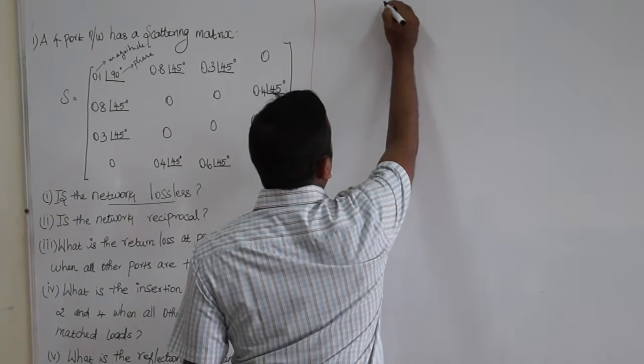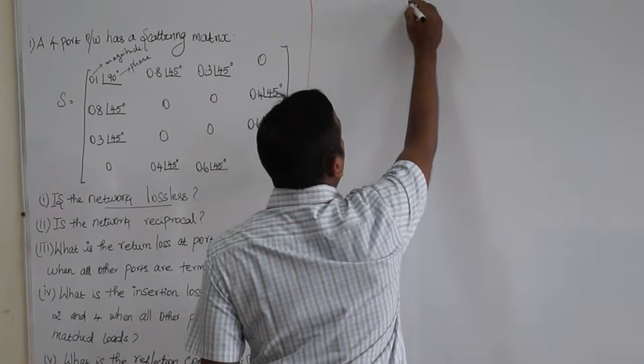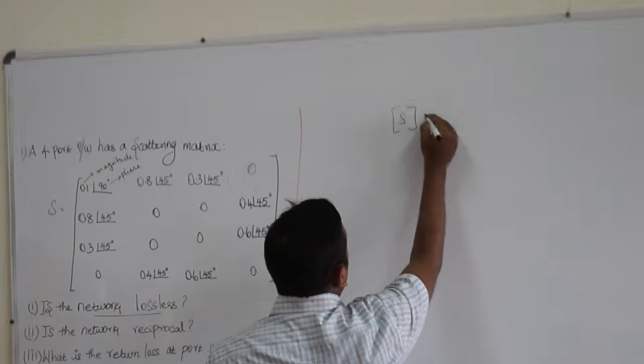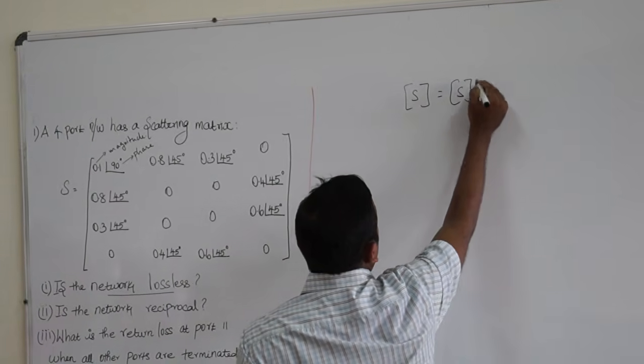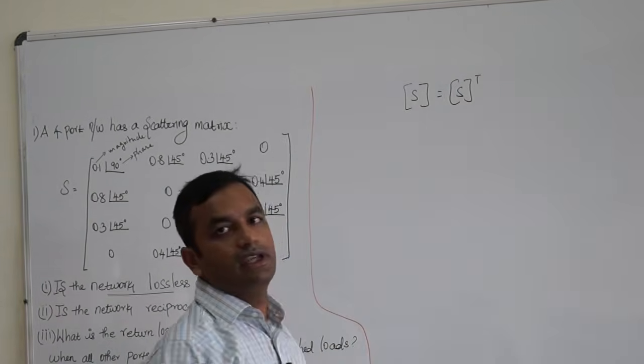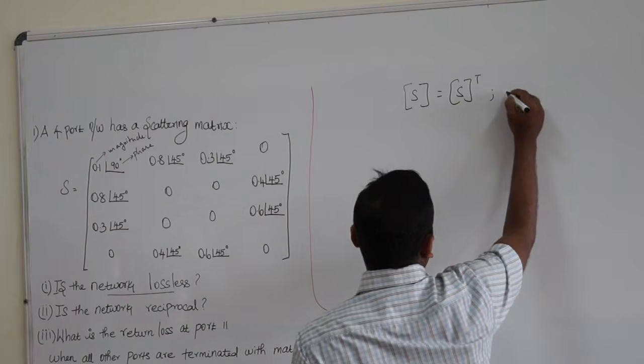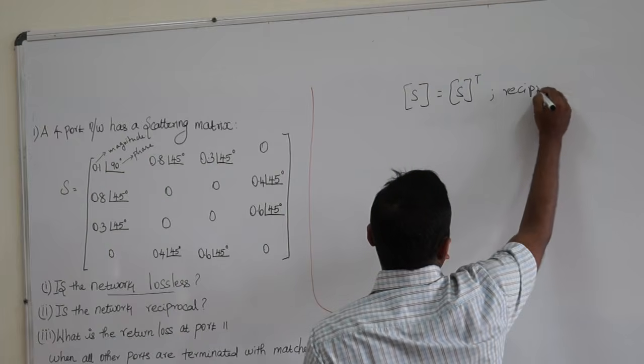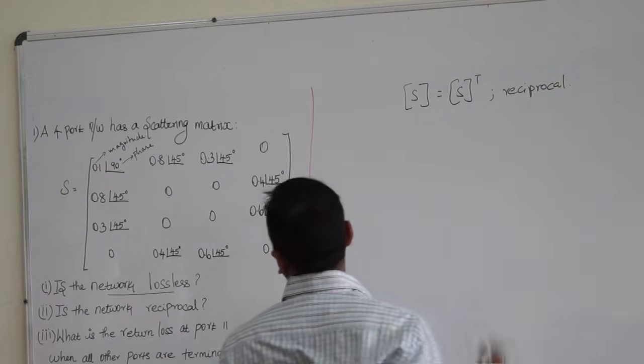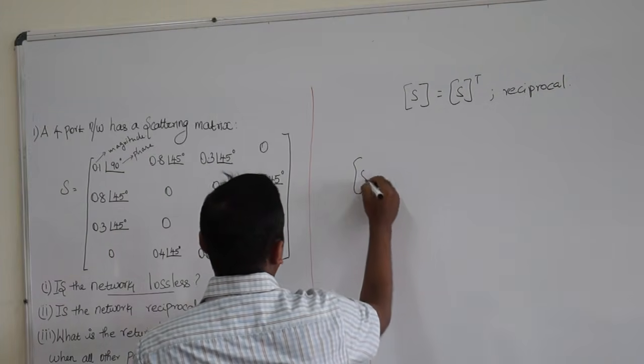We have discussed it in our properties of S matrix. If S is equal to S transpose, then the network is reciprocal. So let's take the S transpose of this matrix.